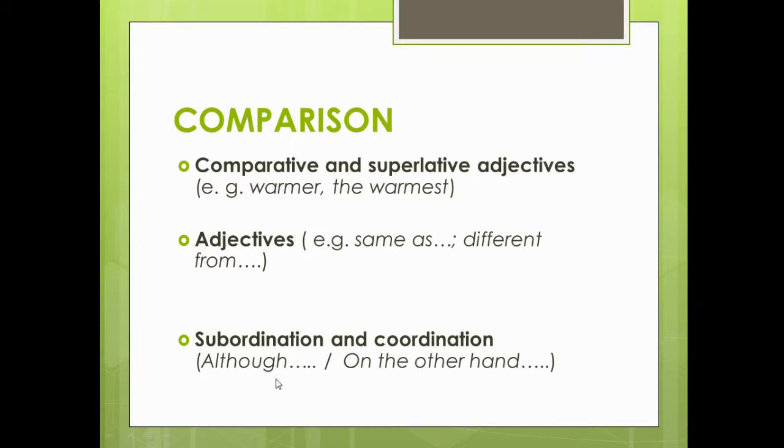So for example, a subordinate sentence: although London is a wonderful place to live, it is incredibly expensive, or becoming more expensive. Or: London is a wonderful place to live. On the other hand, it is also, unfortunately, very expensive. So your knowledge of subordinate phrases and subordinate sentences and coordinating sentences is also going to be tested here. So this is another structure that is very useful for expressing comparison or contrast between two or more things.